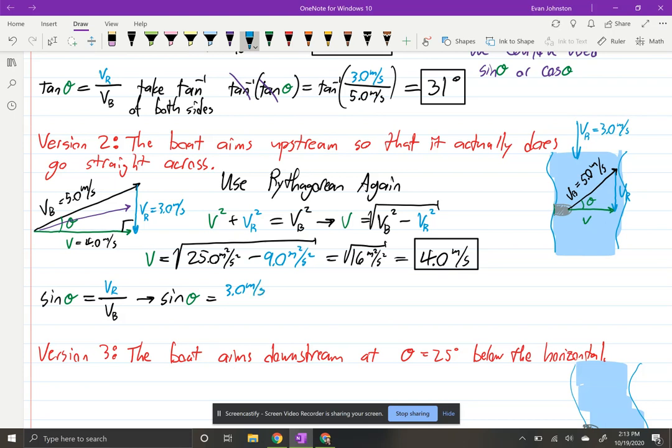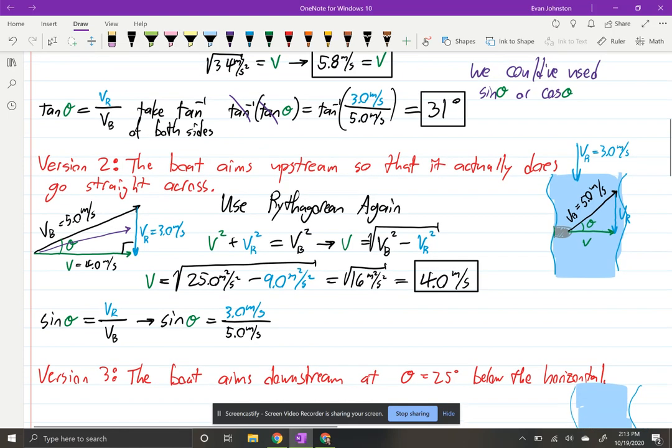3.0 meters per second over, that's the speed of the river, over the 5.0 meters per second that the boat itself always travels at. So again, to get rid of the sine here, I need to use inverse sine. And so it's just like this step above where we had to do inverse tangent on both sides. We're going to use inverse sine on both sides.